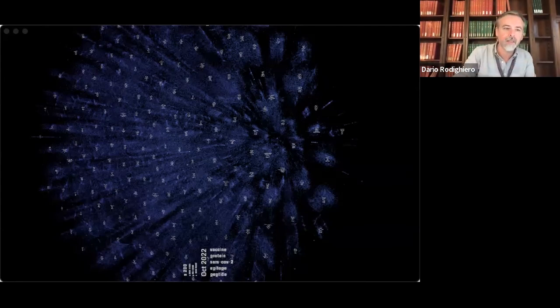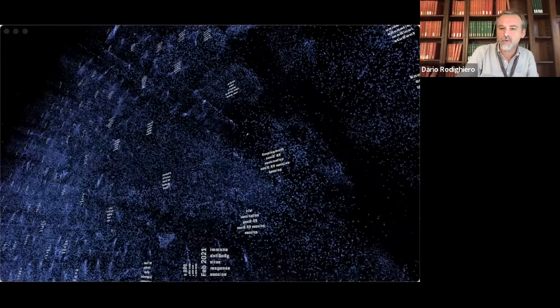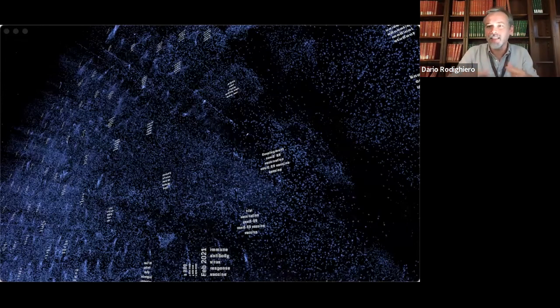So we created this visualization, and this visualization again was characterized by keywords, because keywords can give some affordances to explore the visualization.